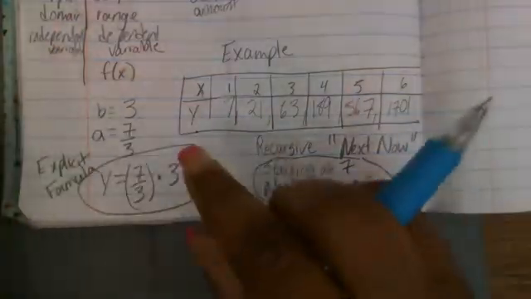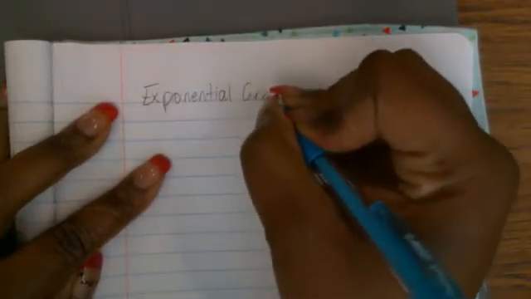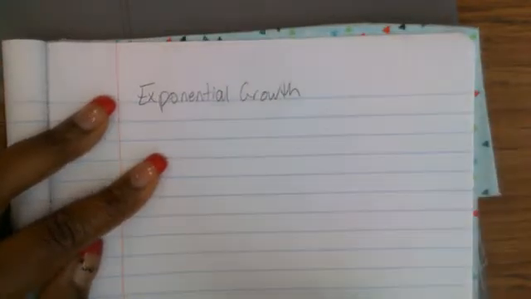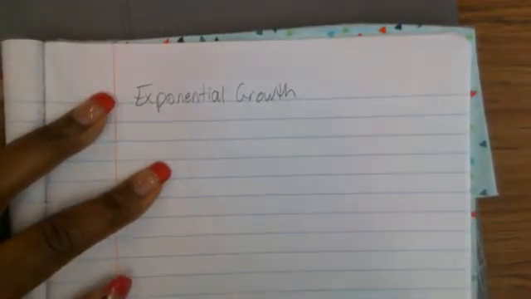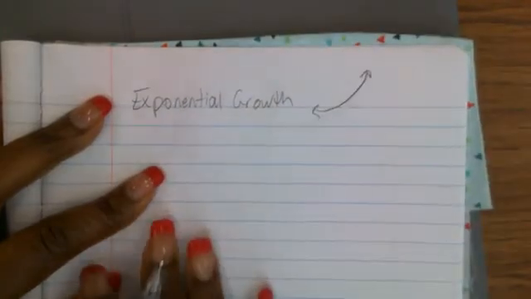All right, so now let's be more precise about exponential growth and exponential decay. Let's start with exponential growth. How do I know by looking at an equation that it is exponential growth? A graph, of course, you can tell because the line is curved going up.